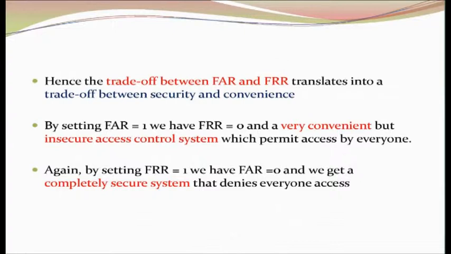False rejection being 1 means I am stopping everybody, and in that case convenience will be poor. Inconvenience is very high. So FAR and FRR are inversely related. If one is increasing, then the other is decreasing.